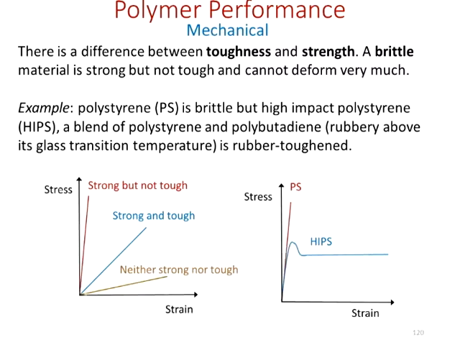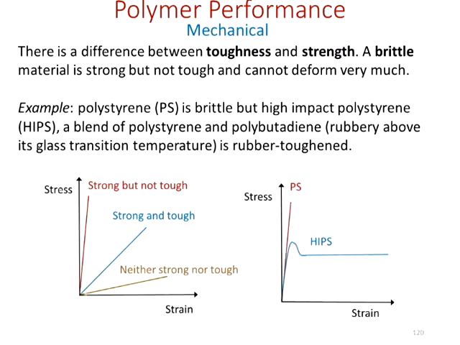So if we take a look at a material that's strong but not tough, it would go up really, really steep. Okay, a strong and tough would almost go right up the middle, right up at 45 degrees.